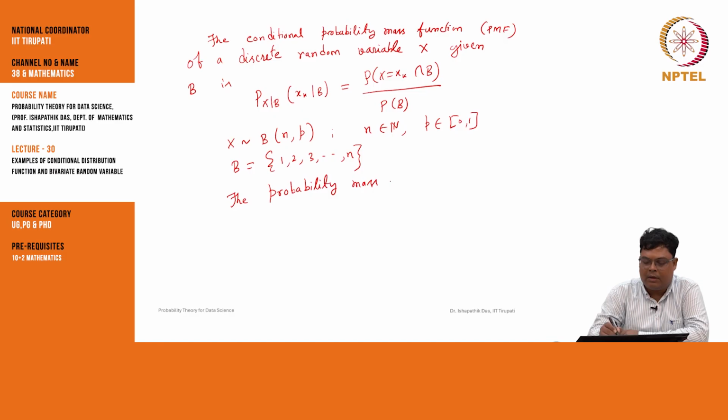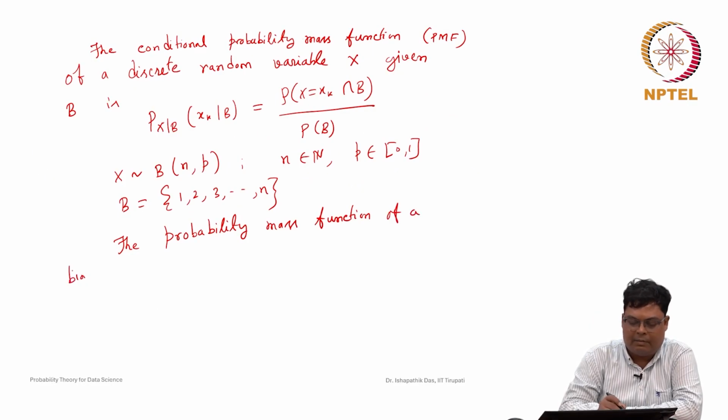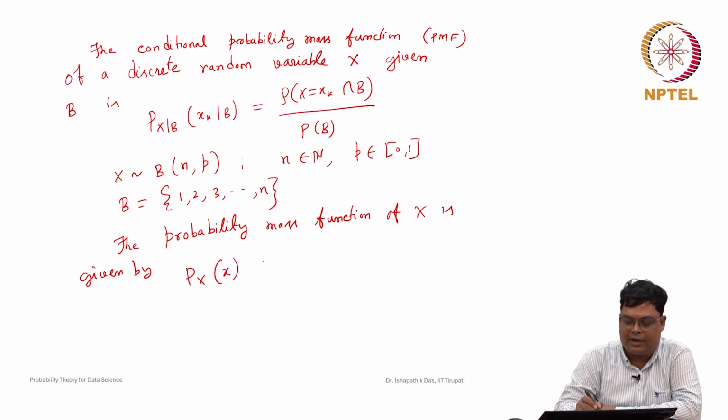The probability mass function of X, which is a binomial random variable, is given by p_X(x) equal to n choose x, p to the power x, times 1 minus p to the power n minus x, whenever x is 0, 1 up to n, and equal to 0 otherwise.